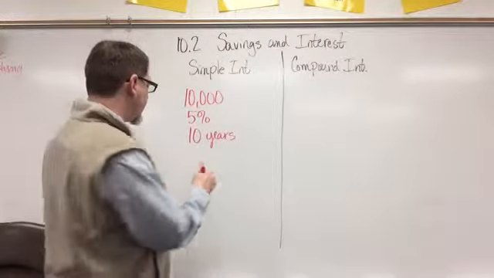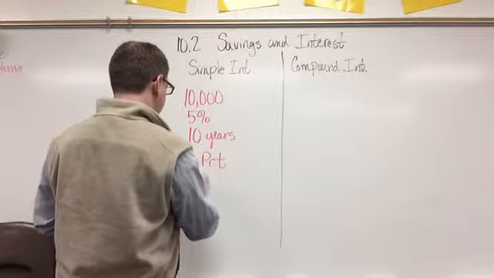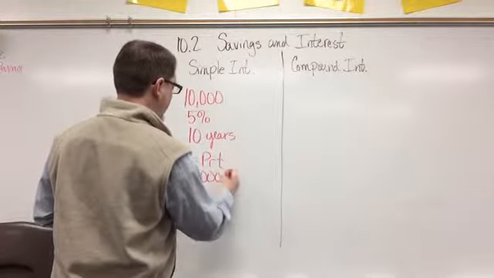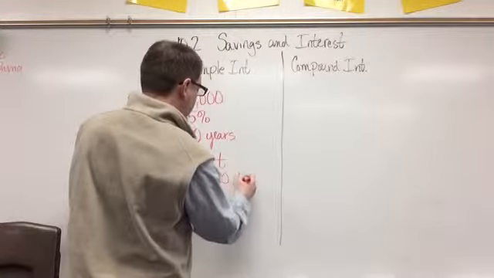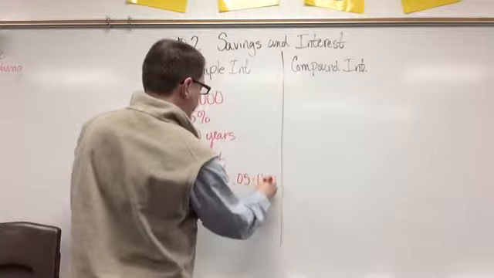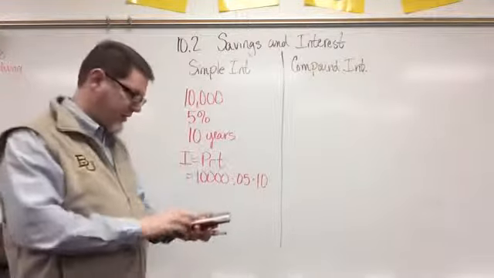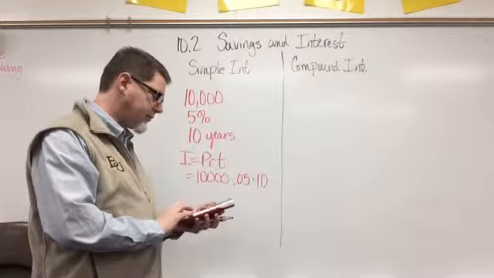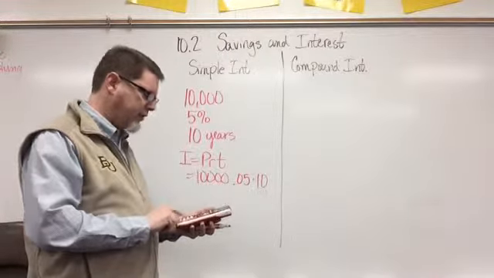Okay? So for simple interest, I do I equals PRT. So that equals 10,000 times, change 5% to a decimal, move it 2 places, 0.05, times 10. And I'm going to use my trusty calculator. 10,000 times 0.05 times 10.